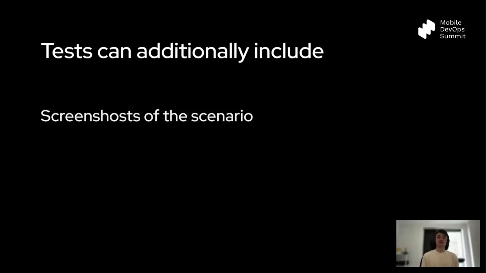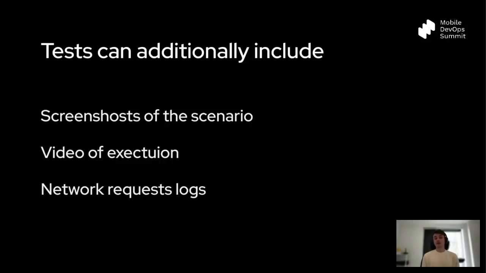Now, making your tests clearer from a logging perspective makes it easier to debug UI tests and actually see the problems and issues that happen. Tests can additionally include screenshots of the scenario and also a video of the execution.